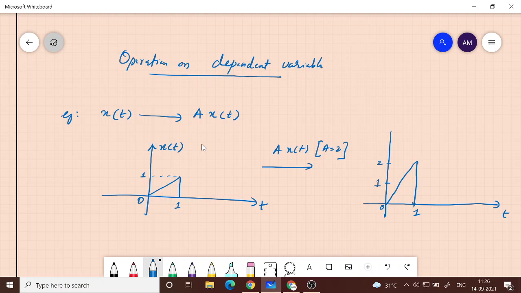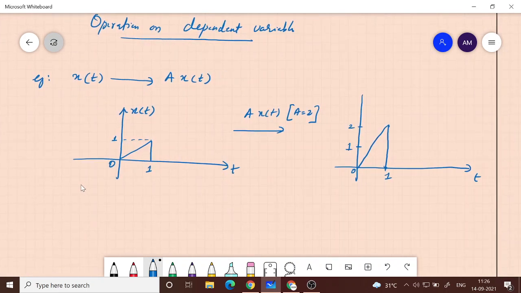Okay, so this is what we call amplification. In amplification, the x is kept sacred. That means we don't touch the independent variable. So this is amplification if a is greater than 1. Okay. If a is less than 1, what do we call it? It is called attenuation.